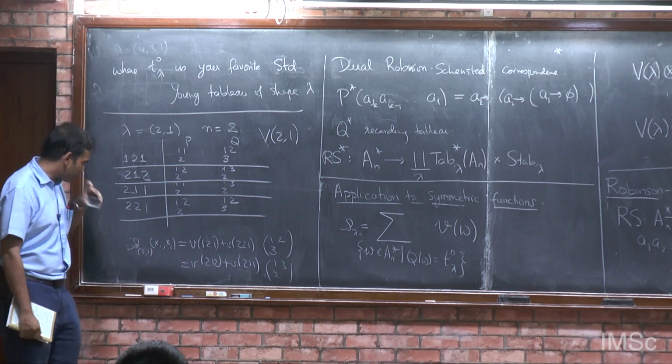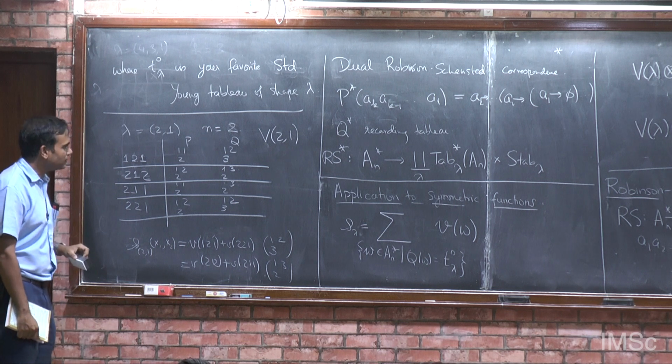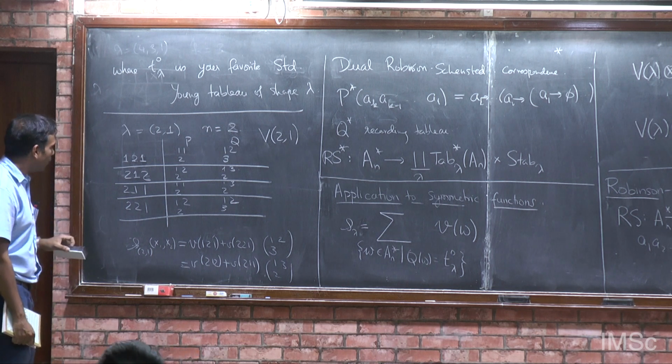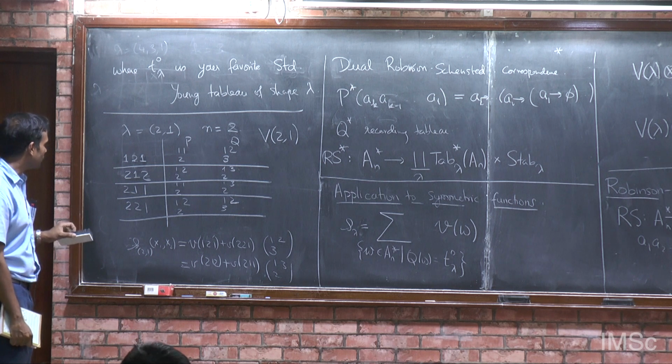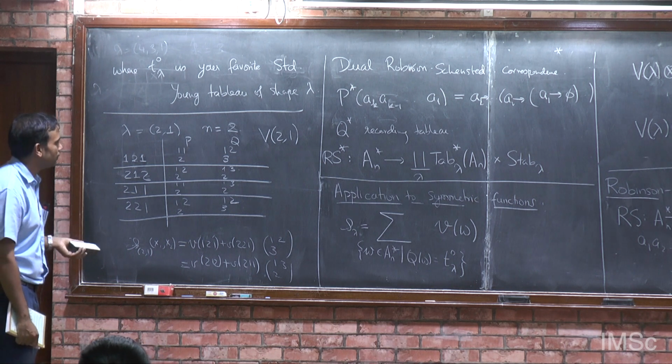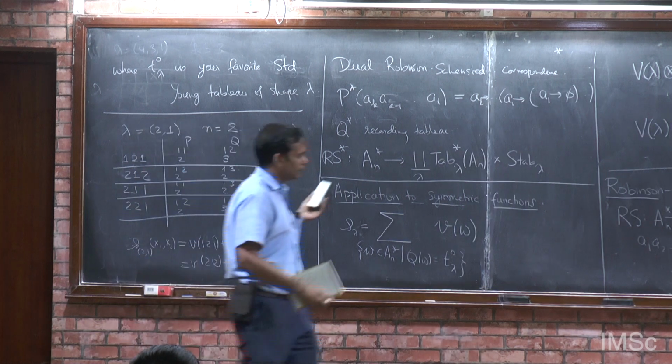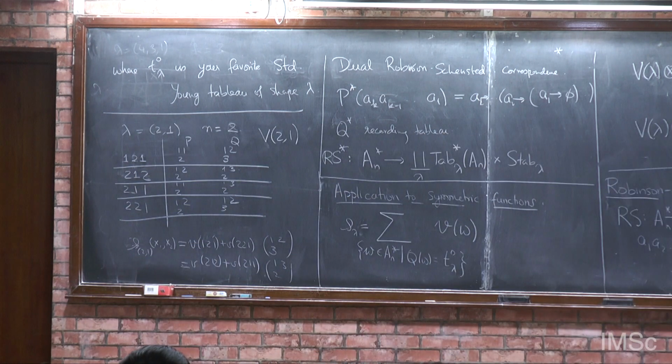Okay, but the question remains, how are we going to compute without using the, in Littelmann's paper, there is no notion of Robinson-Schensted correspondence in this manner.